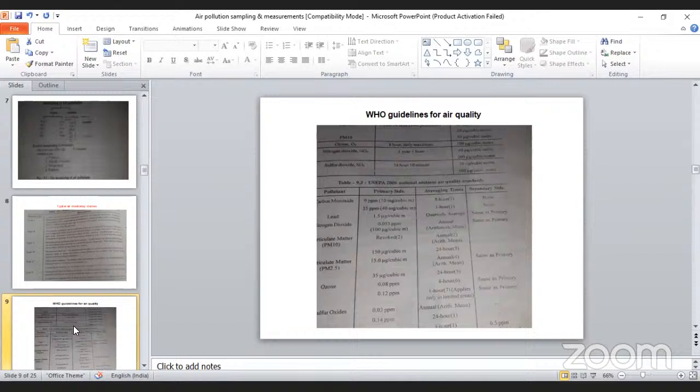One is a business area, another one marketing area, another one is residential area, industrial area. So what type of location we have to specify in the report, and the condition, what is the temperature, pressure, wind flow, whether it is rain, or all the meteorological parameters are supposed to be mentioned. This is all the information that must be provided during the sampling and when we are giving the sample for analysis.